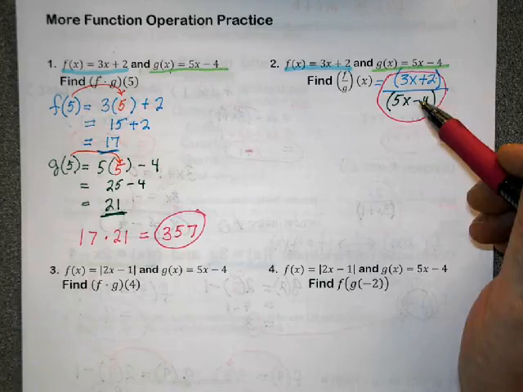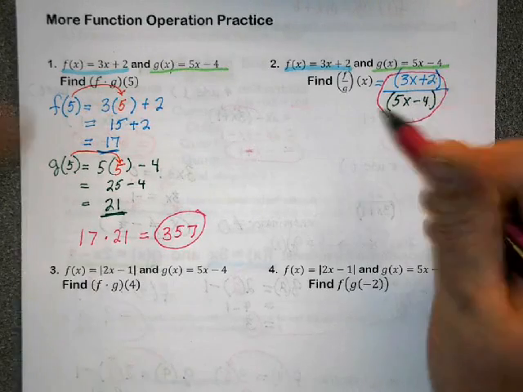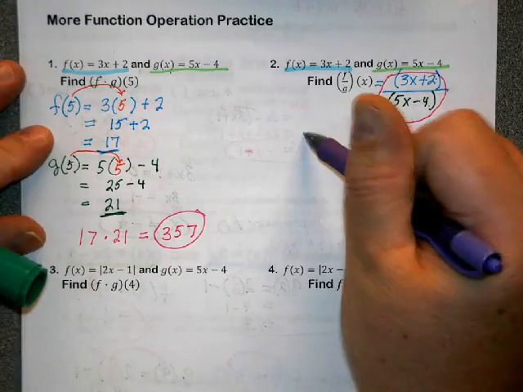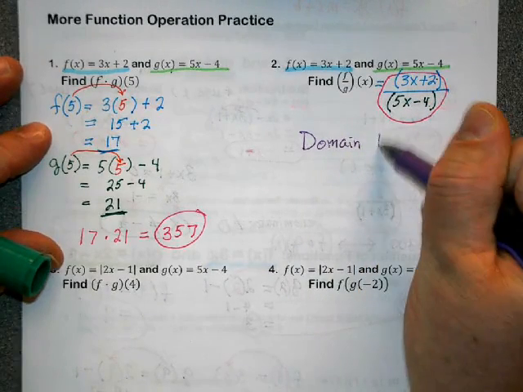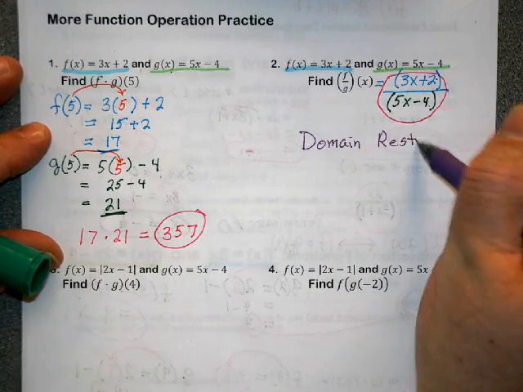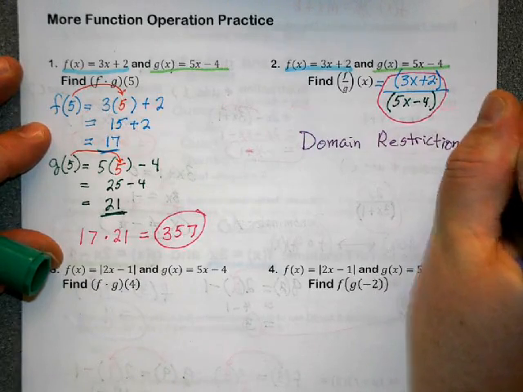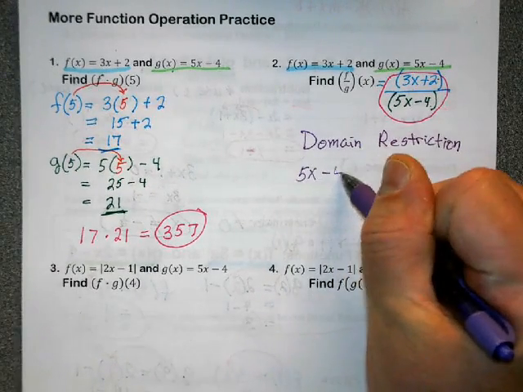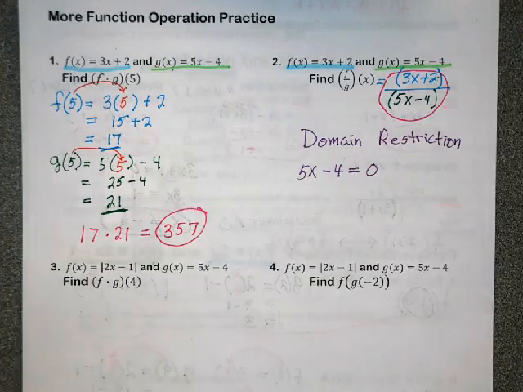Oh, by the way, what do we need for number 2? We need a domain restriction, right? What can't we have in a fraction? Yes, 5x minus 4 cannot equal 0. So let's find out what that is. Let's add 4.